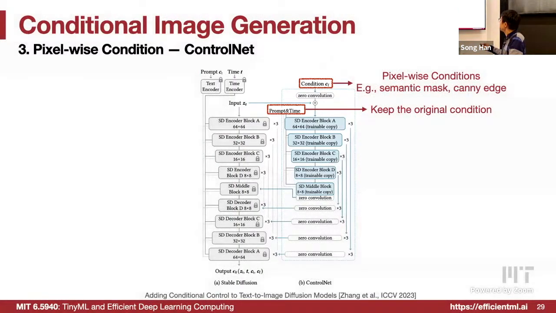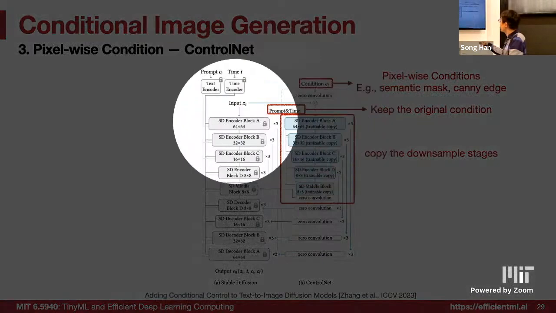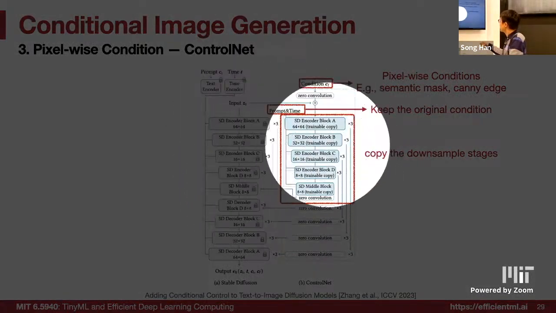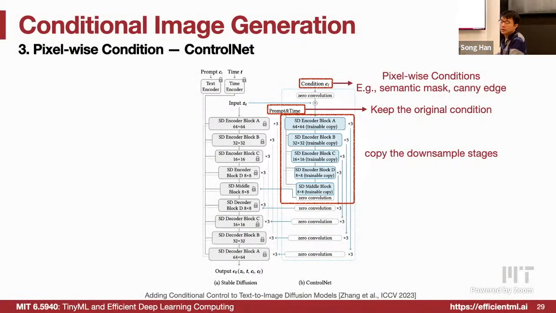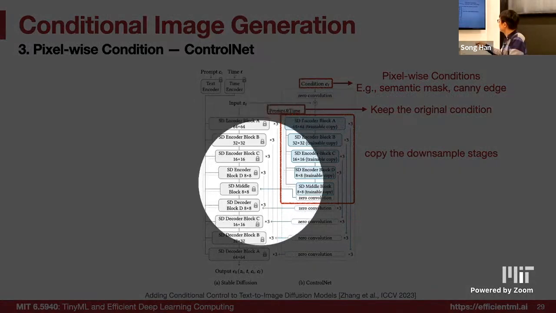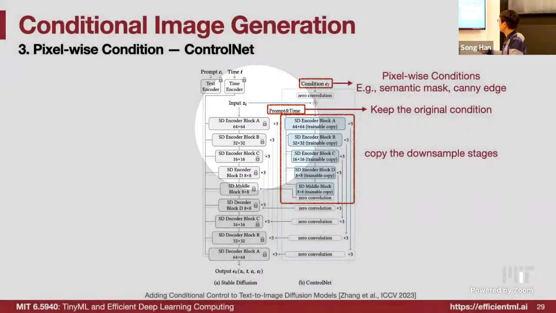So that's the original condition. We copy these downsample stages. We copied the condition control branch from the original branch while we are freezing all the layers of the original branch.